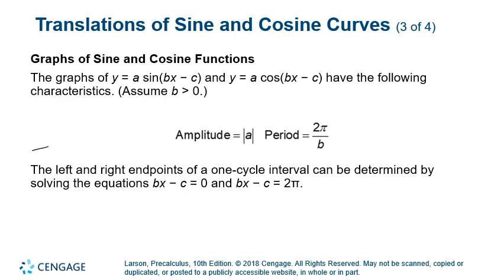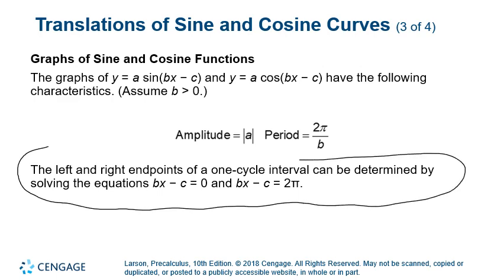But here, the important thing here, and this is something you're going to want to read and maybe take a note on, the left and right endpoints of one cycle interval can be determined by solving the equation, not just bx minus c equals 0, but also bx minus c equals 2 pi.